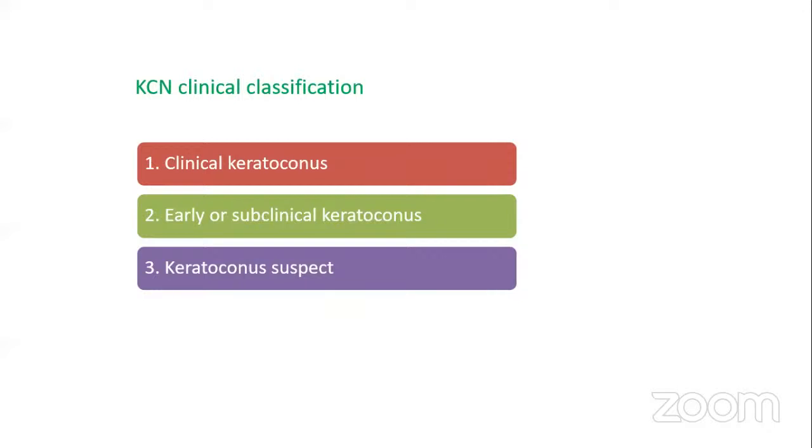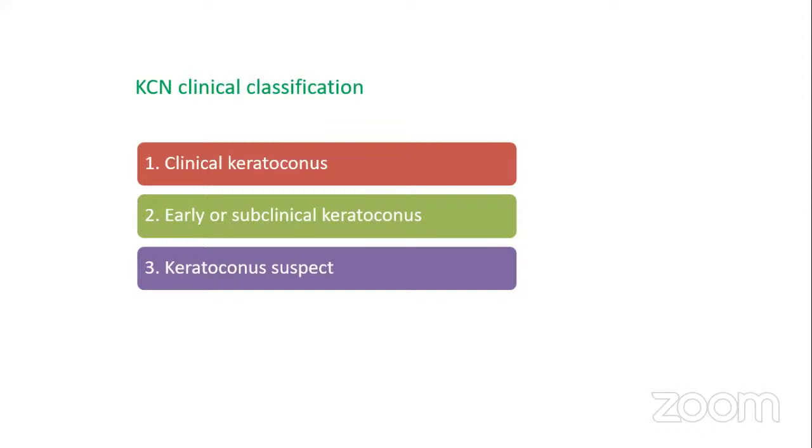Before going into the details of this case discussion, I would like to give a brief overview of keratoconus and how we identify it in corneal topography, for the sake of the posterior segment fellows. Keratoconus is classified into clinical, subclinical, and keratoconus suspect.